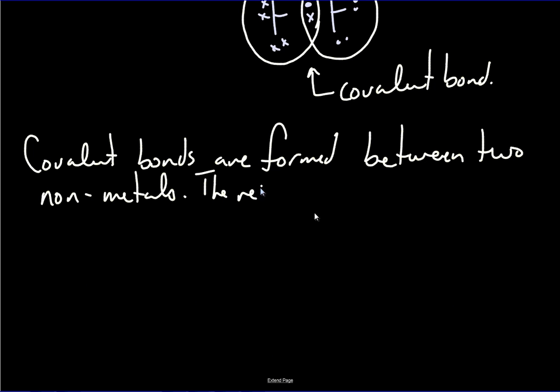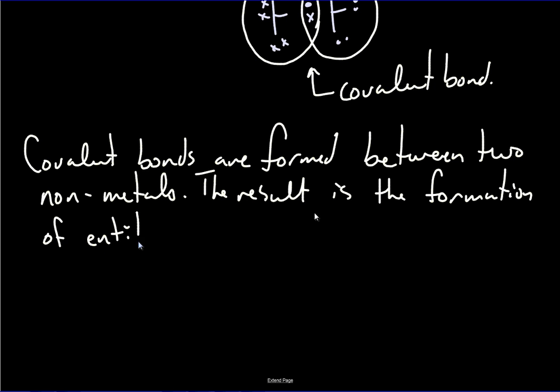The result is the formation of entities called molecules. Let me fix that. Okay? Covalent bonds are formed between two nonmetals. The result is the formation of entities called molecules.